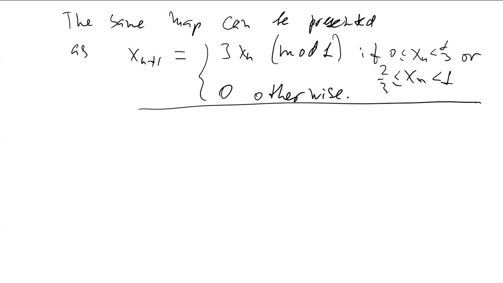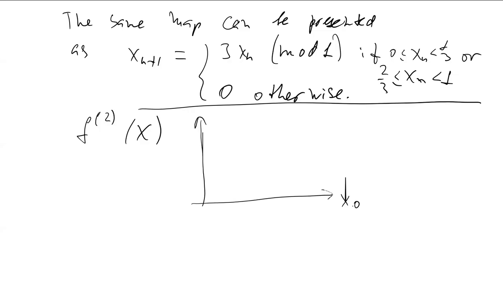Now, what happens next? Let's consider the second composite of the map, like this. This is x naught, this is x2.